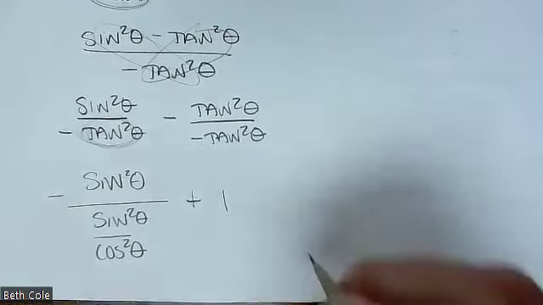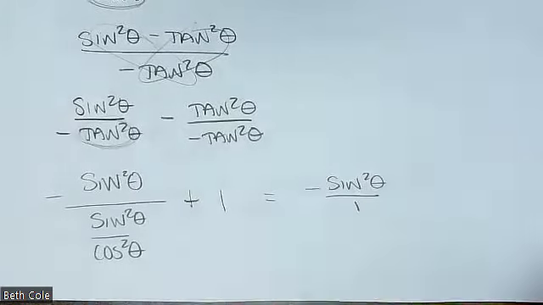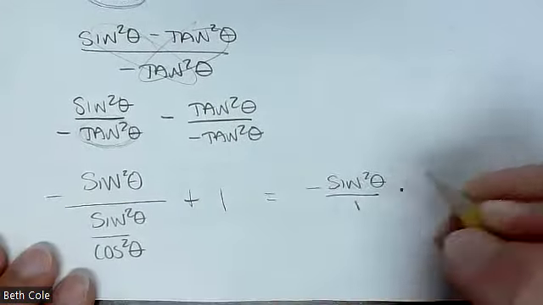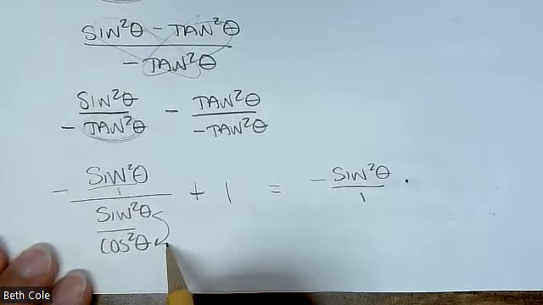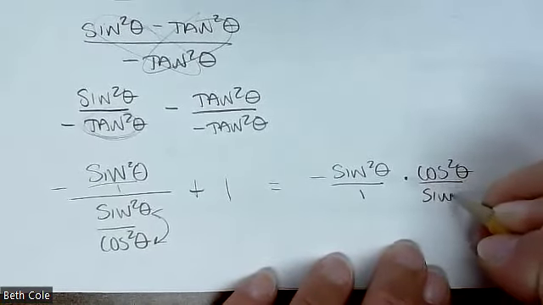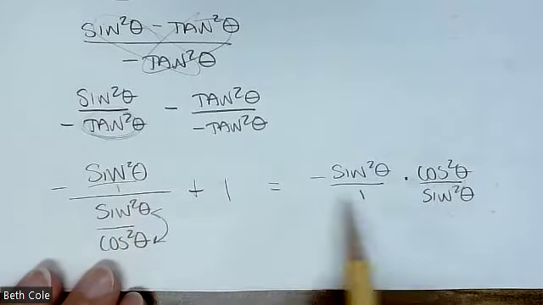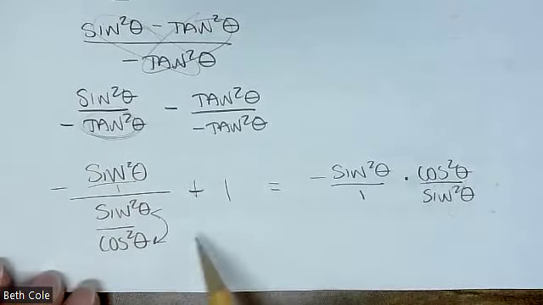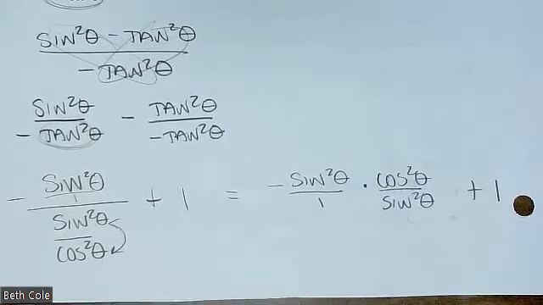All right, when you divide by a fraction, that is the same thing as multiplying by the reciprocal. So I put this over 1, and I'm going to flip this over. So this whole mess, I took the sine squared and put it over 1. You can always put those 1s in there. You're going to reciprocate it, and then we got that +1 at the end, which is sort of weird.